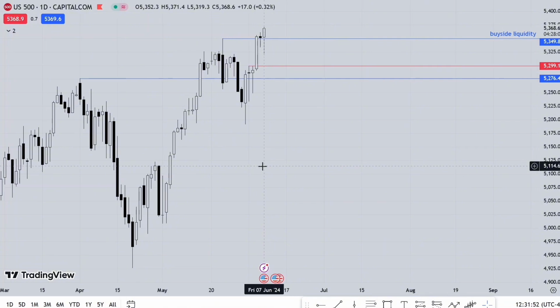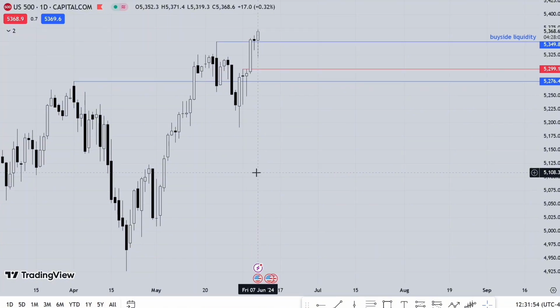So that's what we are currently waiting for on the ES. We're currently waiting for price to signify lower prices because we are waiting for a purge of sell side liquidity on the dollar. And if you are anticipating a purge of sell side liquidity on the higher time frame for the dollar, that means you're anticipating a purge of buy side liquidity on the ES.